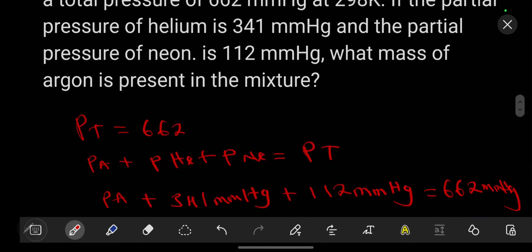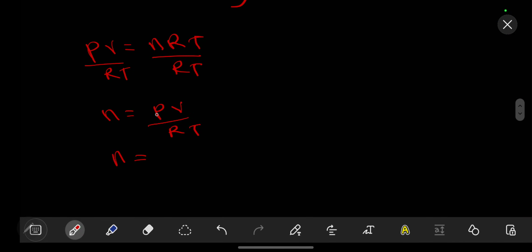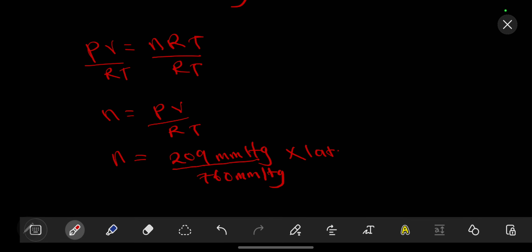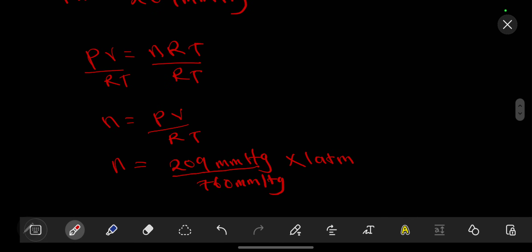According to this, our partial pressure of argon was 209 millimeters of Hg. As long as it's in millimeters of Hg, we are going to divide by 760 millimeters of Hg, then multiply by 1 atm according to the chain link convention. This is the pressure part, then times the volume.